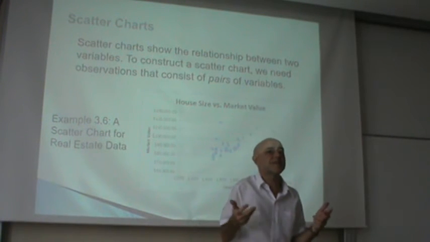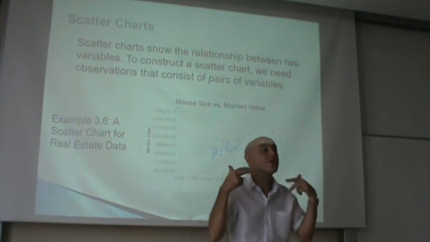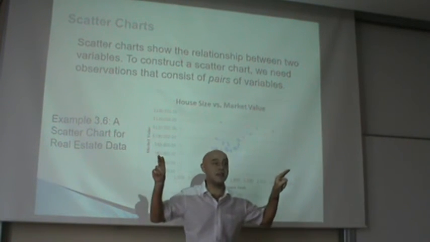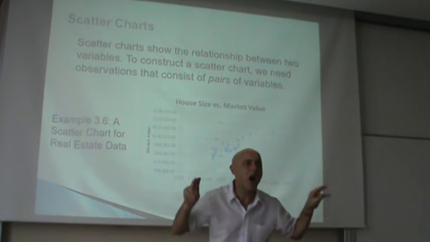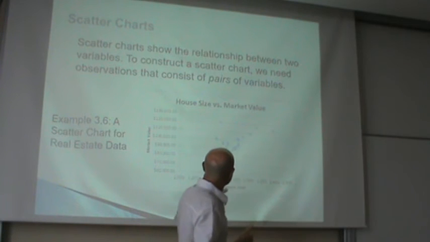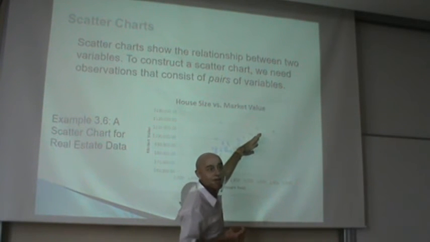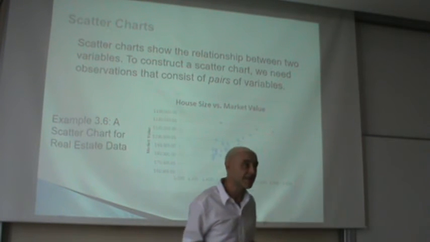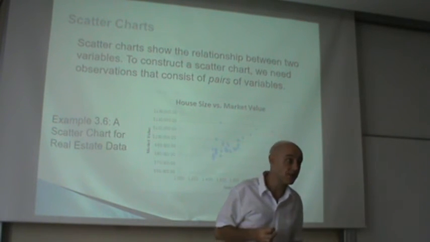So here, it's a simple question. Again, we know from common sense. We don't need science. And we don't need hard statistics to know common sense things like bigger houses are more expensive. Of course they are, right? That's very common sense, okay?